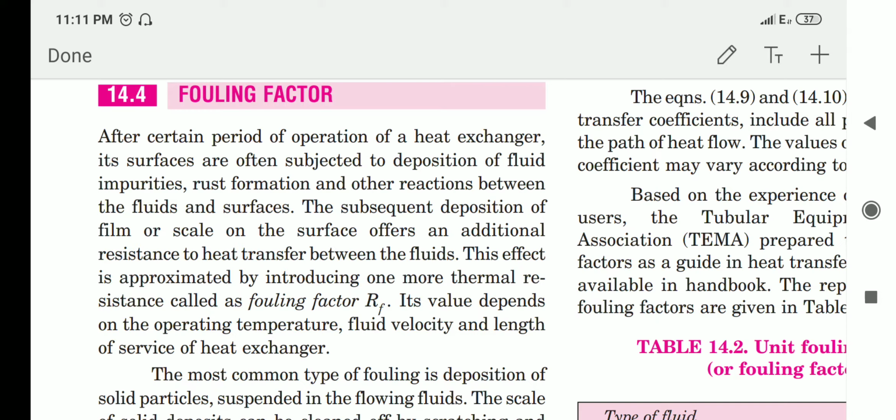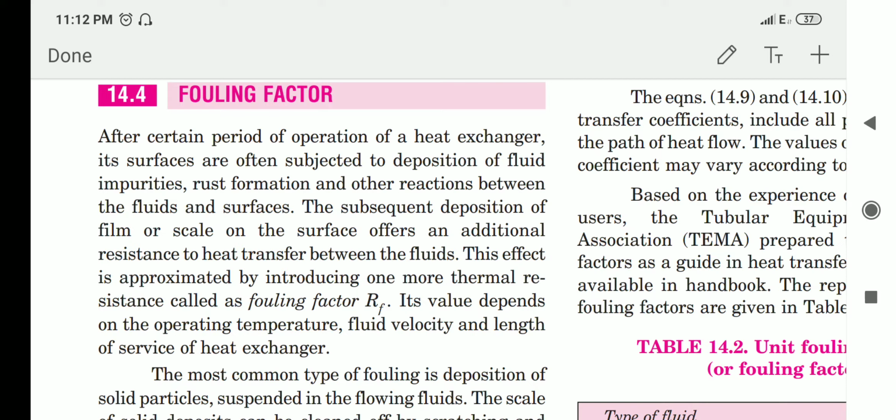So our heat exchanger design calculation, our result, that is the temperature drop and all, are majorly dependent on the resistances, and in our resistances we never introduce these fouling issues.